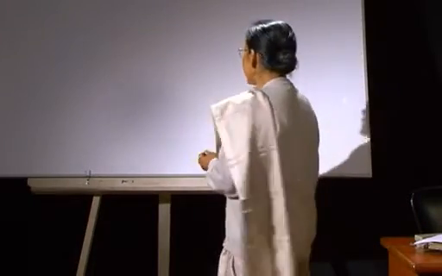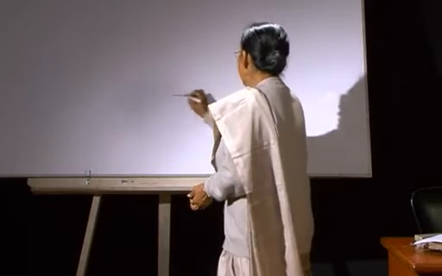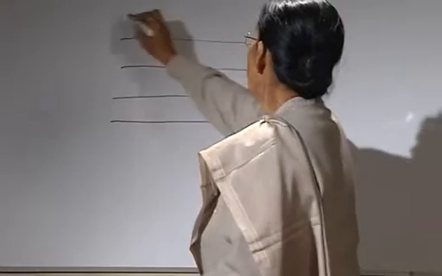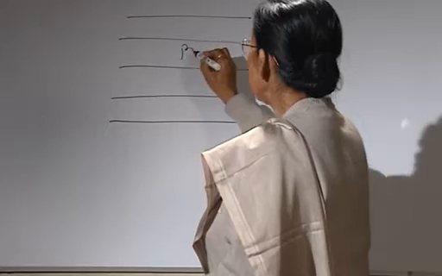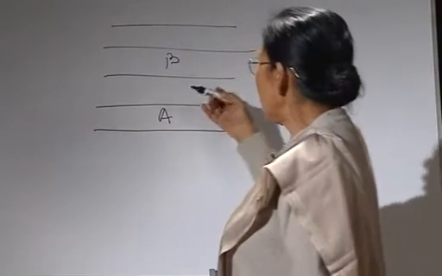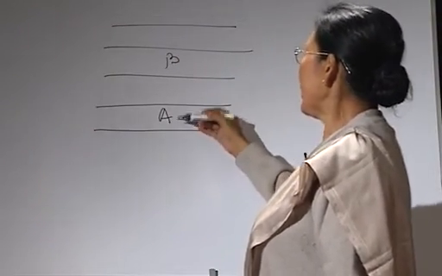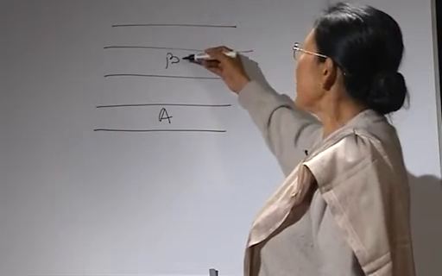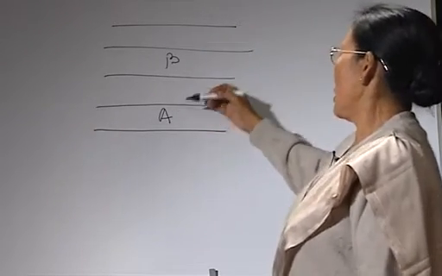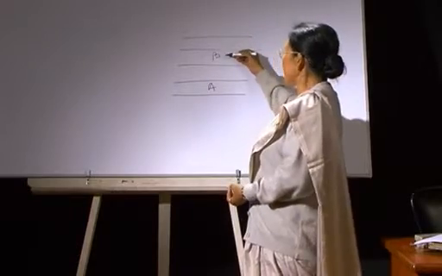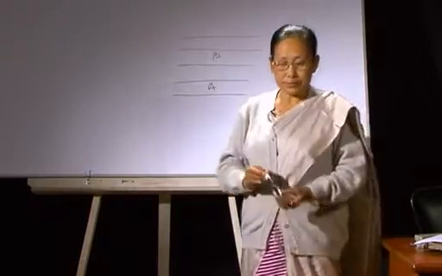Say, for example, there is a stratified site, and here we find a number of strata. Here we find culture B and we find culture A here. Then we can easily understand A is older than B, or B is newer than A. But how many years older or newer is not known to us.